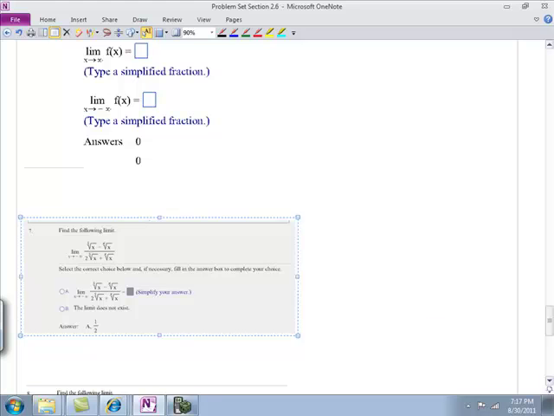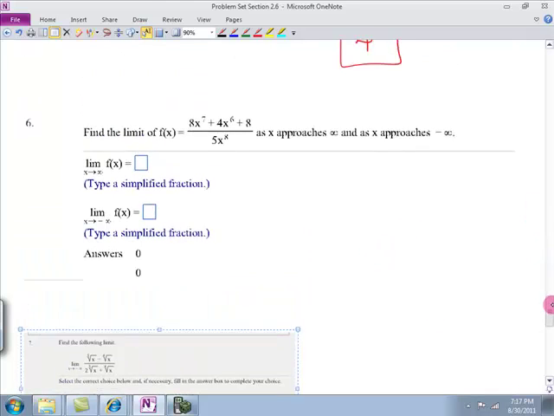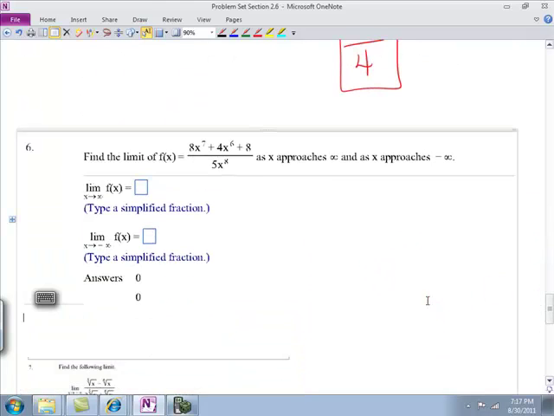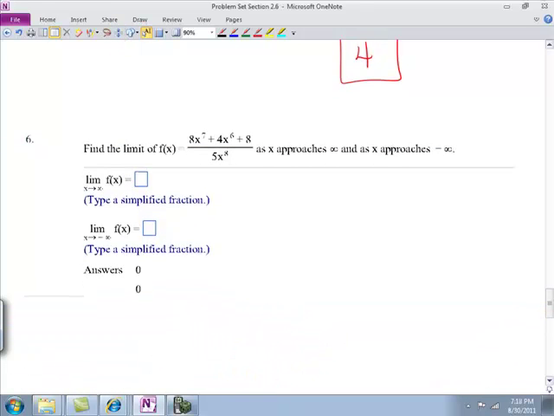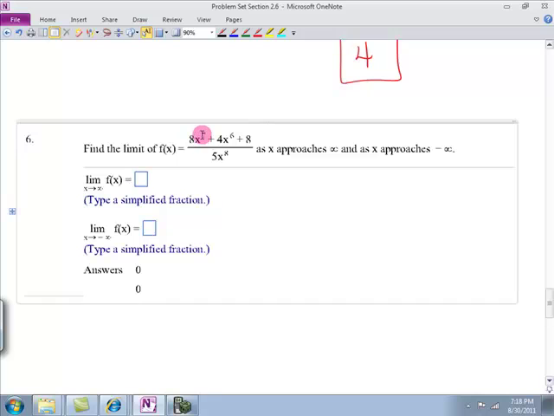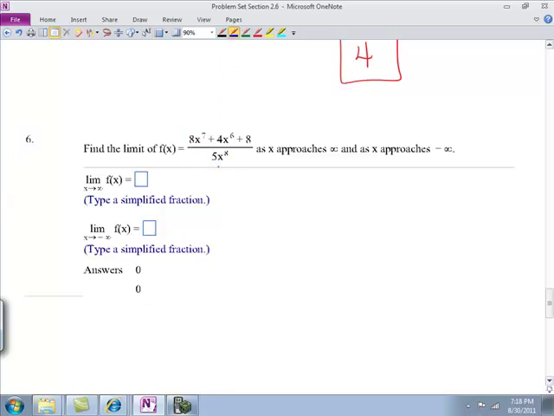Let's try this one. Do you know algebraically what the horizontal asymptote should be? 0, because the degree on the top is smaller than the degree on the bottom. So it should be y equals 0.